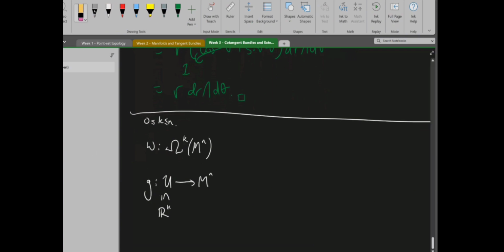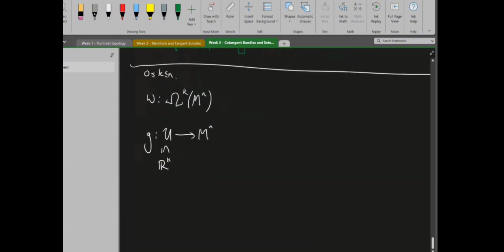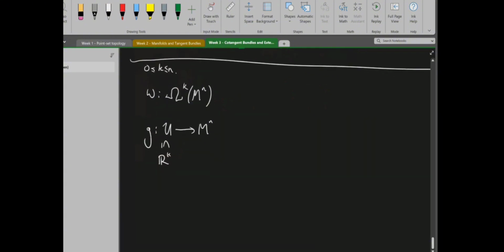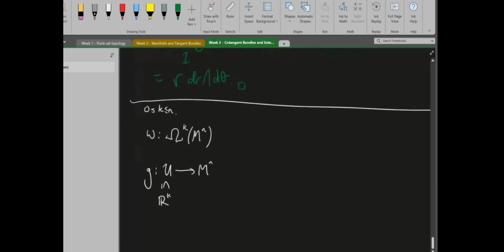You have to satisfy the full rank condition, which is that the determinant of dg has to be greater than 0 at all but a measure 0 subset of U, but that's fine. It just means you can't have a parameterization of a manifold that folds over on itself in a creased way. It can't be singular in some fashion, or have jagged edges. It's just got to be nice and smooth.